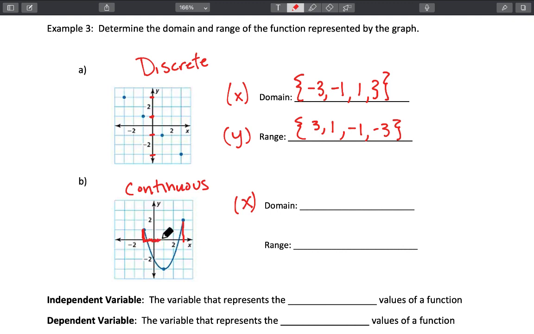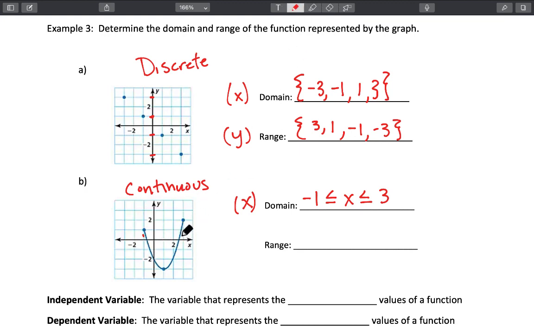And it's going to be all of my x values between -1 and +3. So I start off by listing my minimum value, -1. And that's going to be all my x's greater than or equal to that -1, but less than or equal to my maximum value of +3. All right, so that's writing my continuous domain.